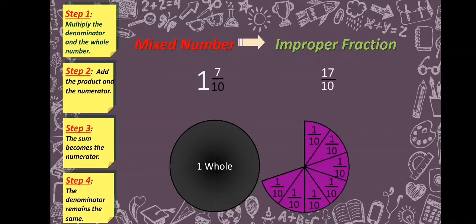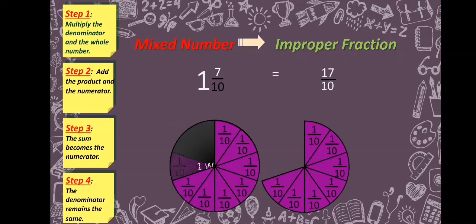So 1 and 7 over 10 equals 17 over 10. Let's check. 1, 2, 3, 4, 5, 6, 7, 8, 9, and 10. So here I have 10 parts, and here 7. So I have 17 over 10.